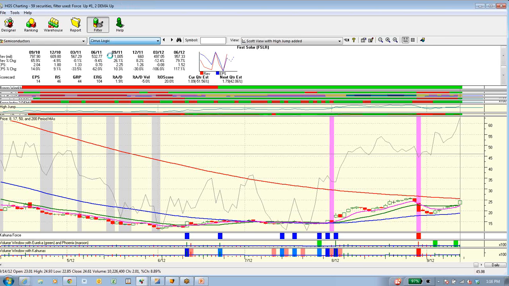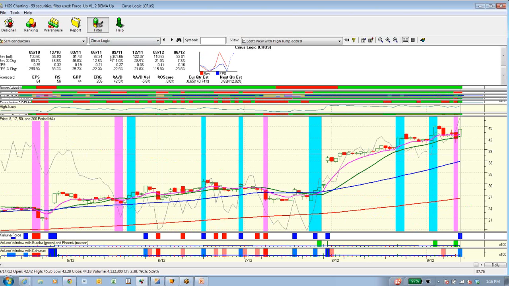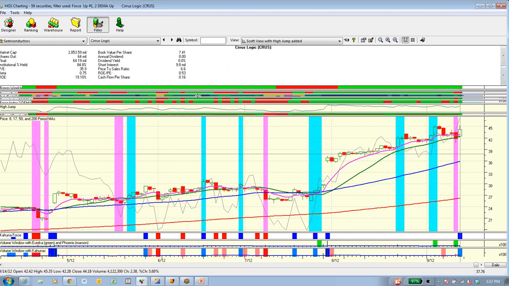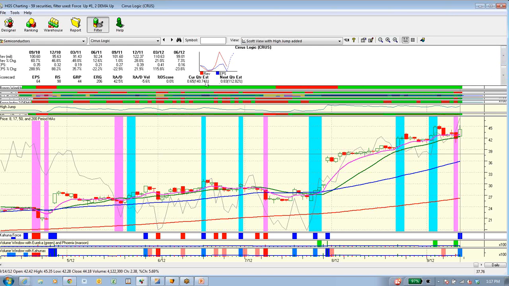One that's been a leader has been Cirrus. It didn't have as great a week as much of my other leaders, but it gave me the pattern I like. First of all, it's got great earnings per share growth, potentially the next 2 quarters. In fact, when I see a price-to-earnings ratio, which is high for a semi at 36, but a forward projected earnings per share growth of over 100%, that tells me that even if you keep the PE the same, the price is going to go up considerably because earnings are growing faster than the price-to-earnings multiple.